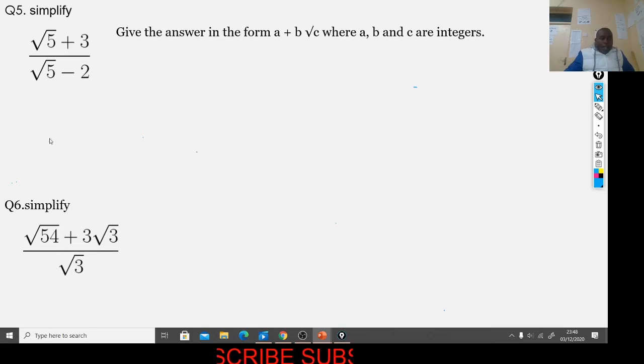Now simplify this, give your answer in the form of A. We rationalize the denominator in this case, like I've said before. You multiply root of 3 times root of 3, both numerator and denominator, because there is no subtraction involved, so you don't need the conjugate.